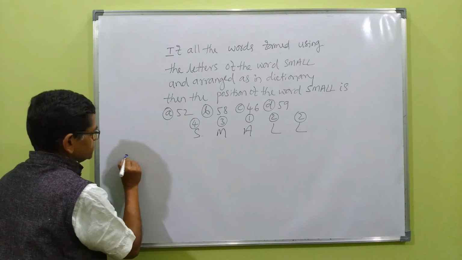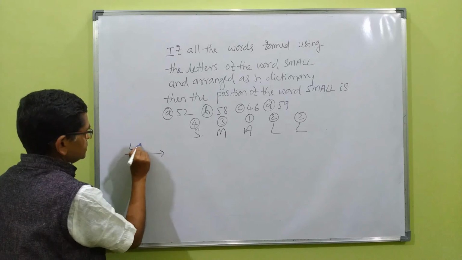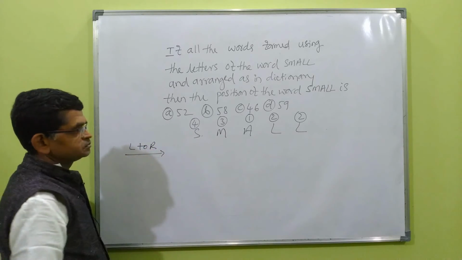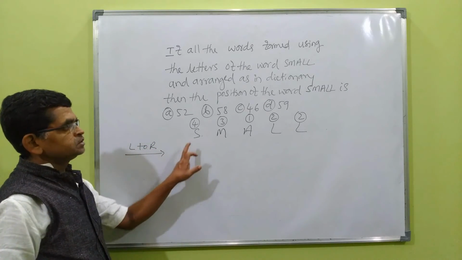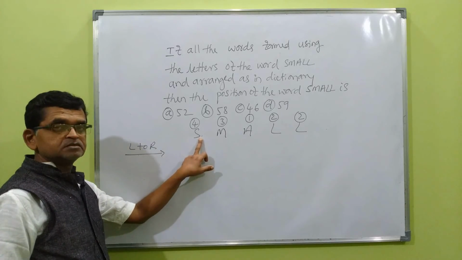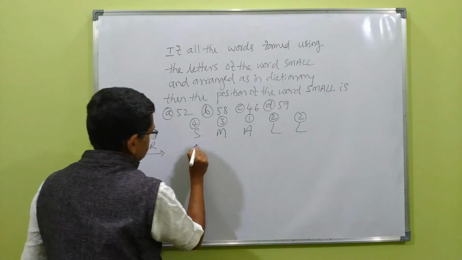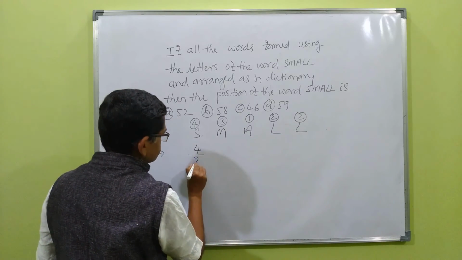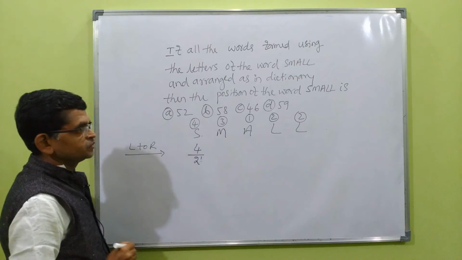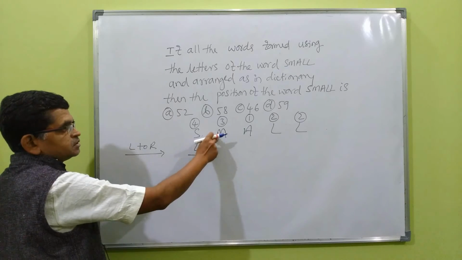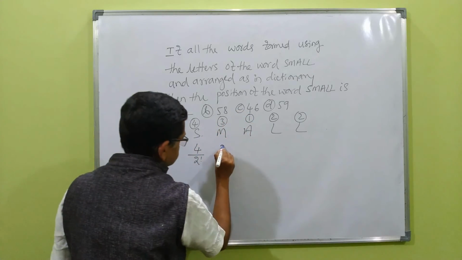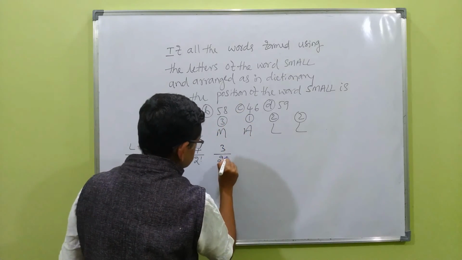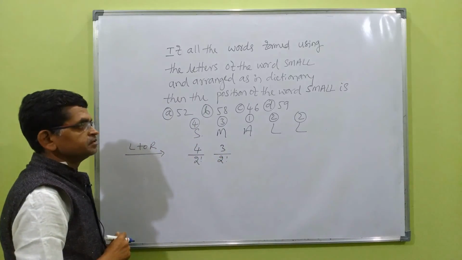Now from left to right, so this is fourth one and 2 are repeated, so 2 factorial. Before that there are 3 letters, among this 2 are repeated.